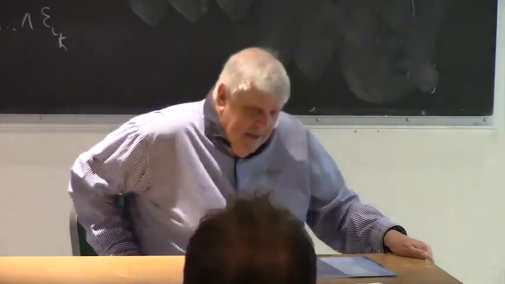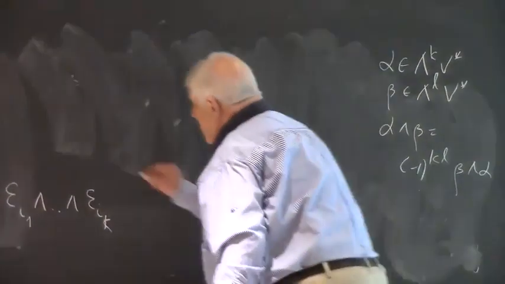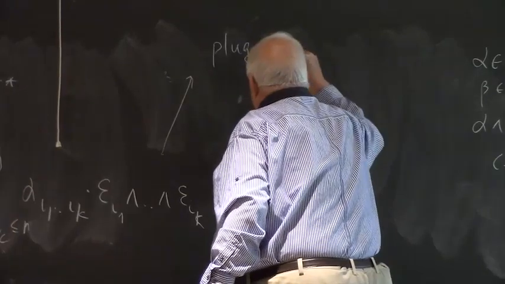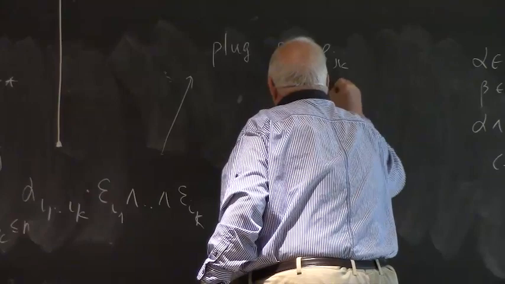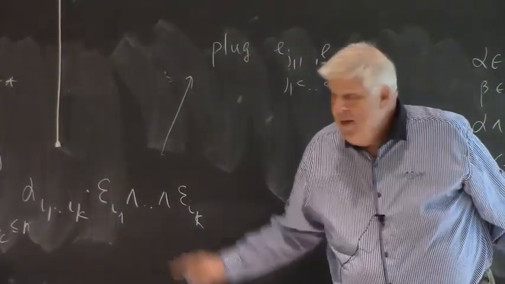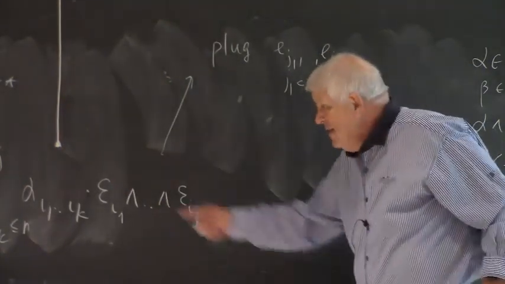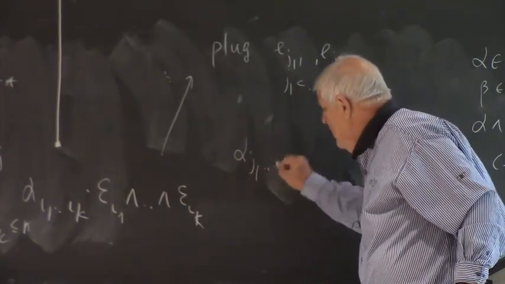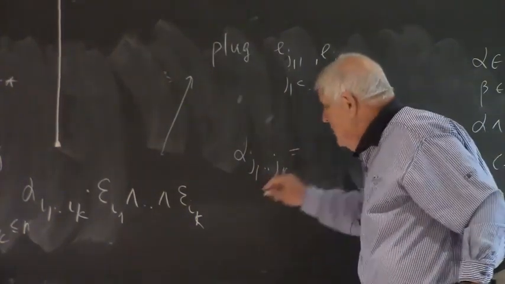To prove that this equality holds, I want to plug e_{j1}, ..., e_{jk} for some values of j's. If the results on the left and the right side are the same, then it's okay. On the left-hand side, if I plug this, I get alpha_{j1...jk} simply by definition.